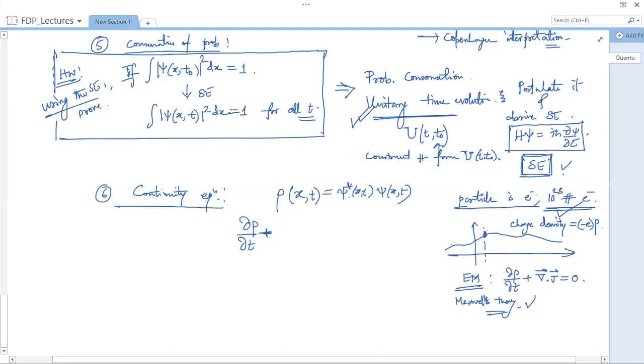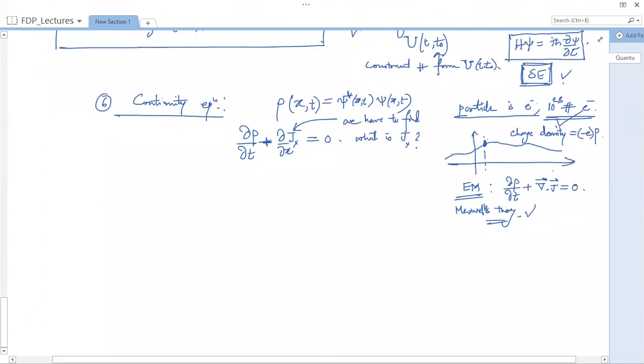But since I have only one variable, let me write down del j by del x equal to 0, and we have to find out what is j. Let's call it j of x, in the x direction.